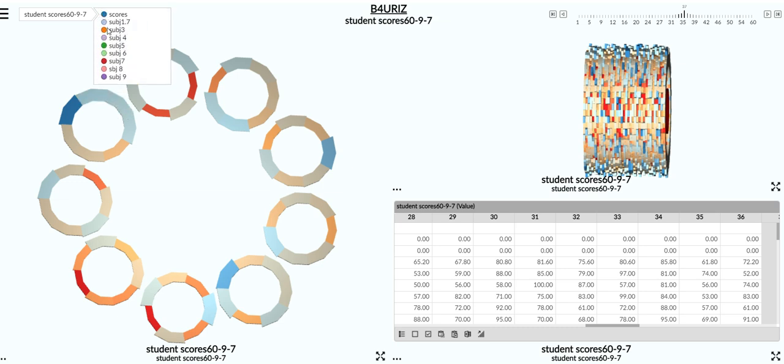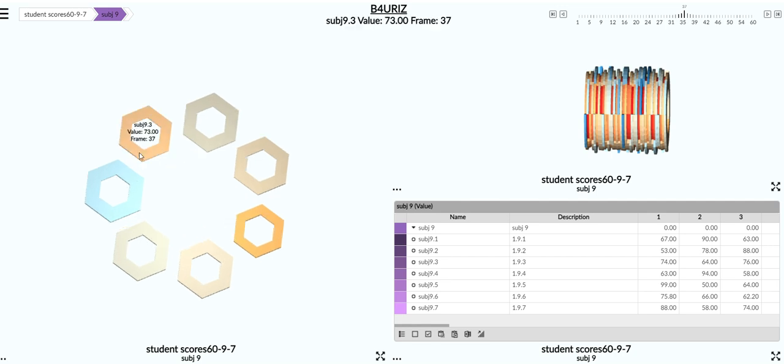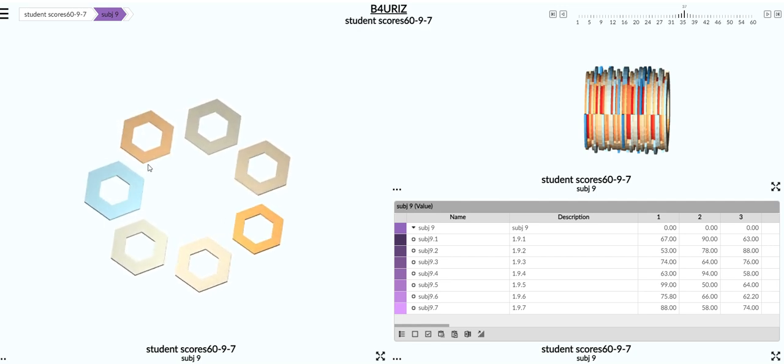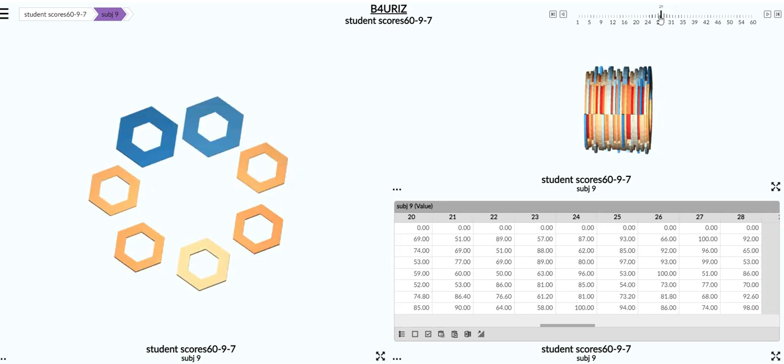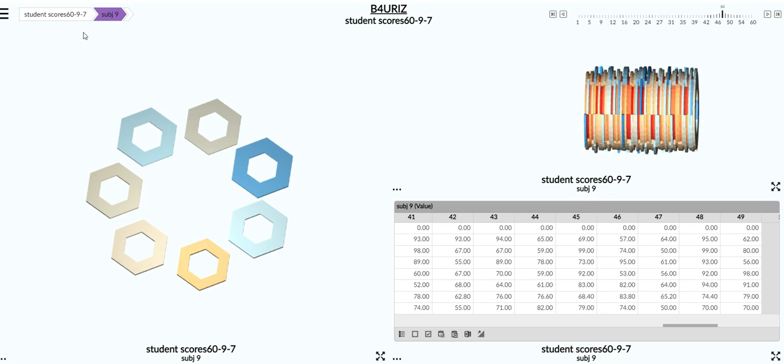So we could go down to a subject matter. Let's choose subject matter 9. And from that, we would see the relative value of the subject and how it performs. As you can see, there's always a mixture between the different hues of blue, red, and orange, and tan. That's indicating the values achieved by the student.